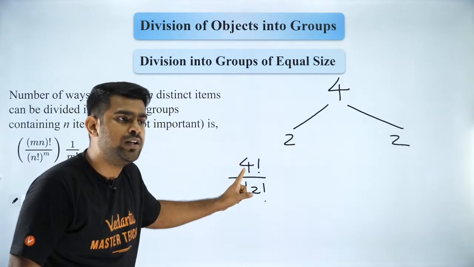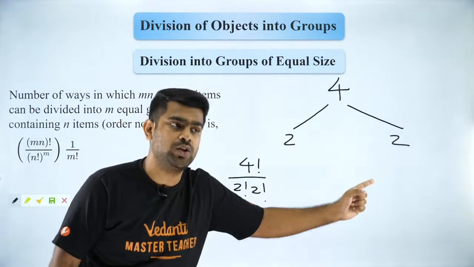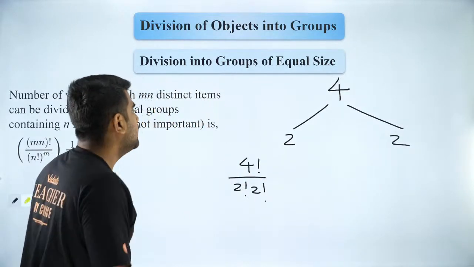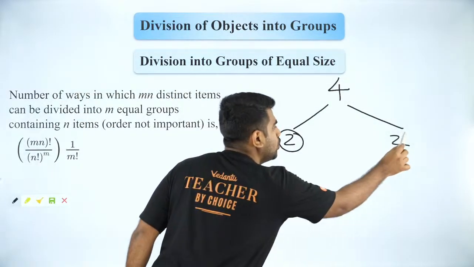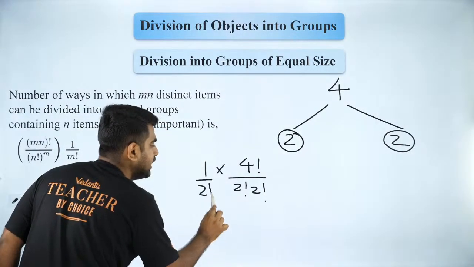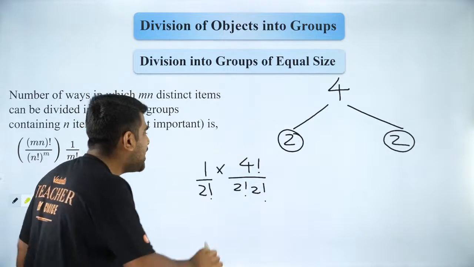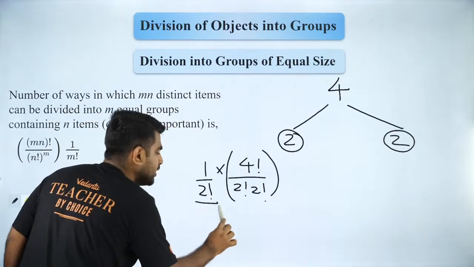Don't you guys agree? According to the previous formula, which is for unequal groups. But here, since you have 2 equal groups, you have to divide by 2 factorial. Sir, why sir? Why should I divide by this extra 2 factorial?